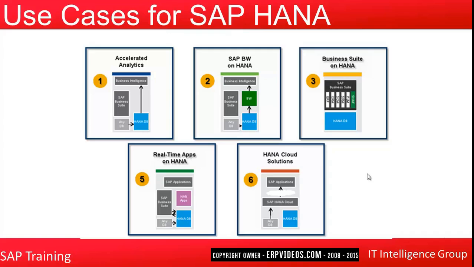The key benefit of Business Suite on HANA is that for the first time you can have both analytics as well as transactions on the same server. So you don't have to replicate the data between analytics and transactions. That is one big power of HANA. It's a big change, because you are no more duplicating the data. Whatever transactional data is coming, you generate the analytics based on the same data.